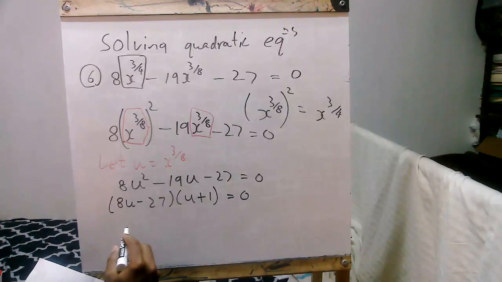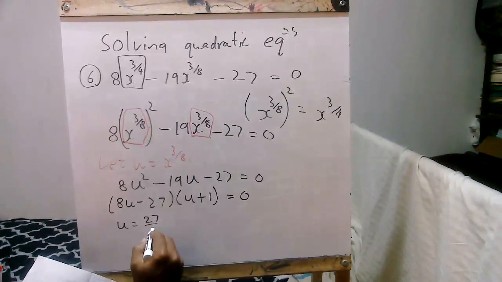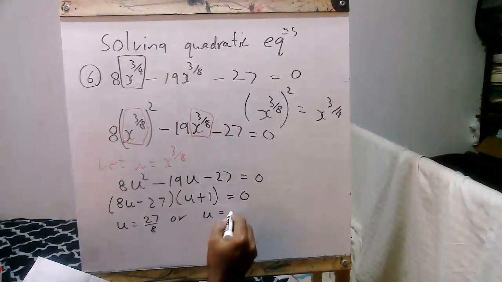This gives us u equal to 27 over 8, or u equal to negative 1.